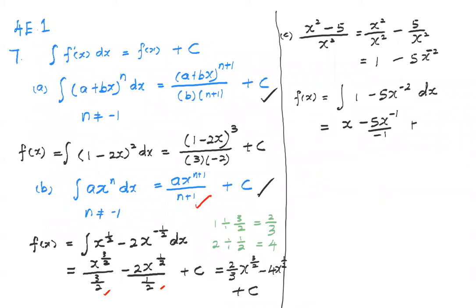Plus c. So if anyone can straight away tell me the answer like that, I will give you full 2 marks. I will mark here, full 2 marks. There are a lot of things you can put in your brain.